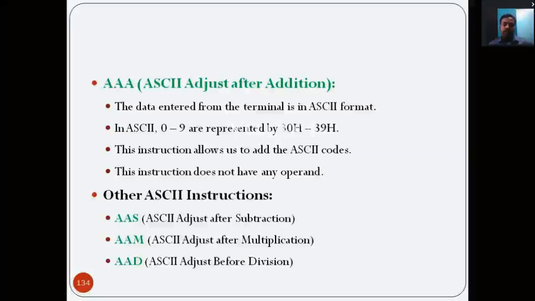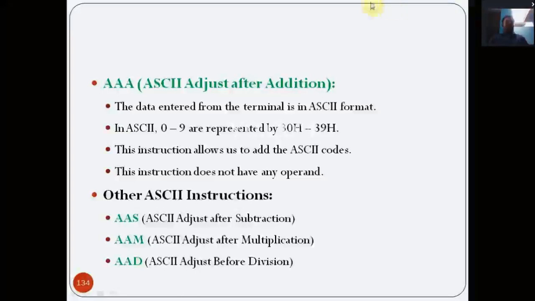The data entered from the terminal is in ASCII format. In ASCII, 0 to 9 are represented by 30 to 39, that is, 30 is added to the given number. This instruction allows us to add ASCII codes. This instruction does not have any operand.